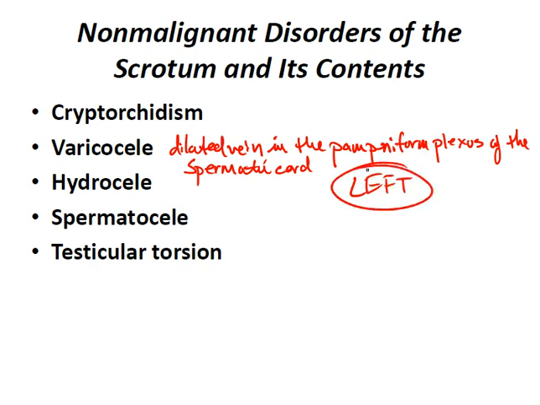The left spermatic vein drains to the left renal vein. So the left renal vein crosses under what? That's right, the superior mesenteric artery, before it empties into the IVC. Now, the superior mesenteric artery can compress the left renal vein and cause occlusion, aka the nutcracker effect.